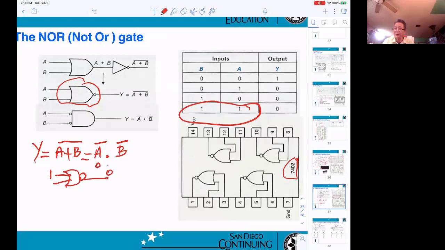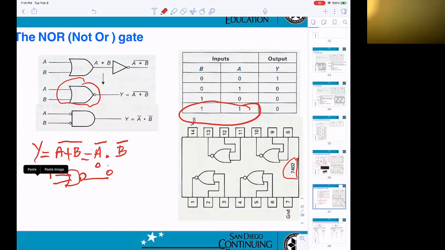One input equal 0, output must be 1. I know, but we're doing the NOR gate, and you said you wanted the output to be 1. No, for the output to be 1, all the inputs got to be 0. Oh my God, let him talk. Okay, go ahead.